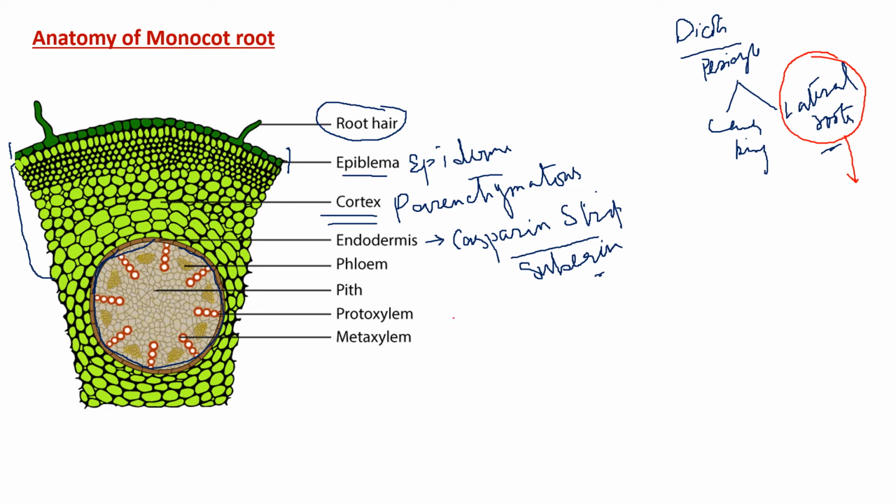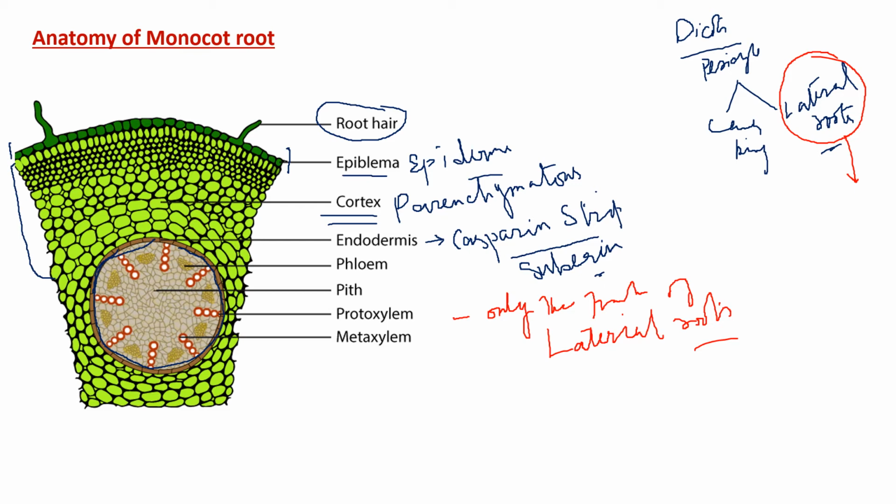So the function of pericycle in case of monocots is only the formation or development of lateral roots, whereas in case of the dicot roots, it has two functions: secondary growth and the development of the lateral roots.